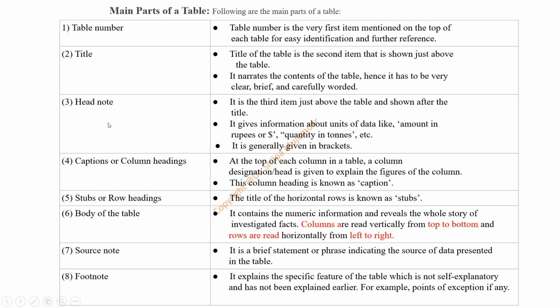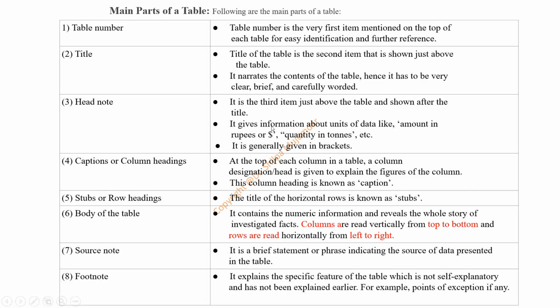Then head note. It is the third item just above the table and shown after the title. Head note means I want to tell something about that particular table, or give extra information about the unit or quantity. Mostly it is done in a superscript way, so that you can add it after the title, which is called the head note.